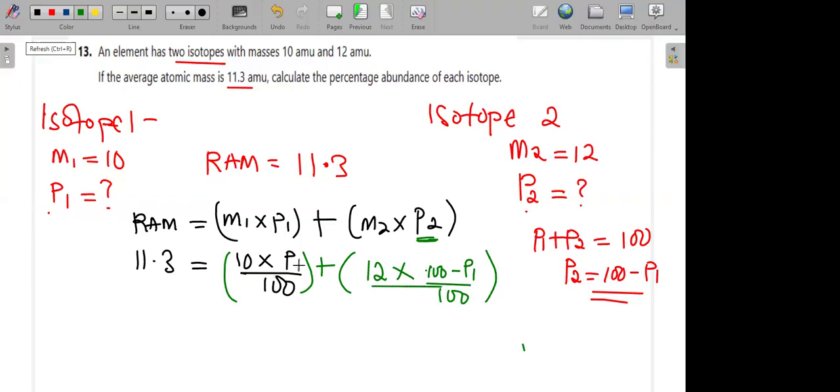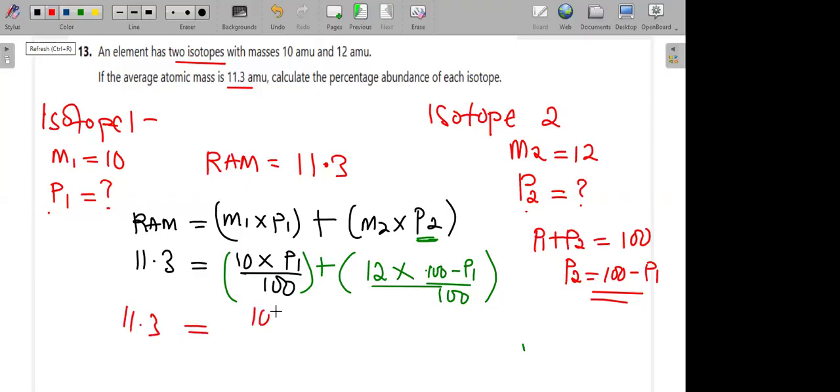Because if we had put P2 here, the equation would have two unknowns, or two variables, and if there are two variables, we can't solve it. So we're expressing this in terms of P1, and then we can solve the equation that results.